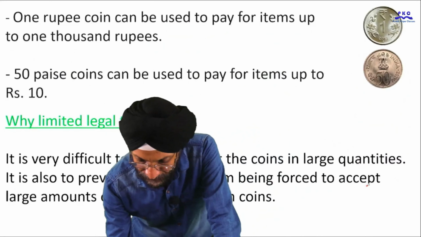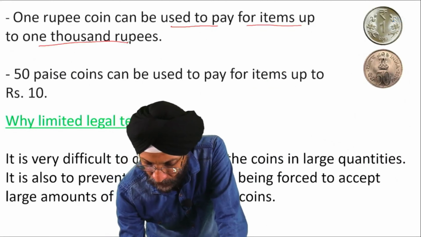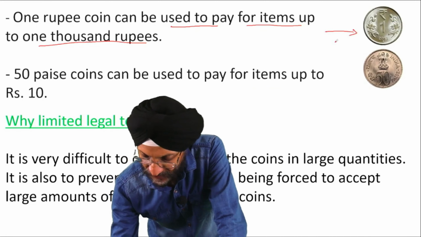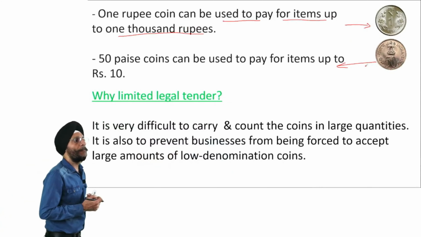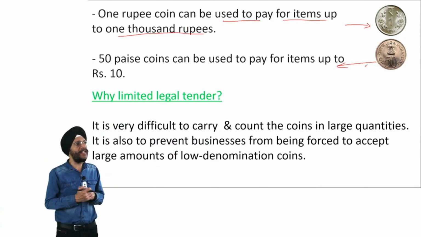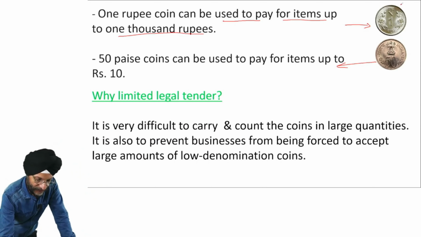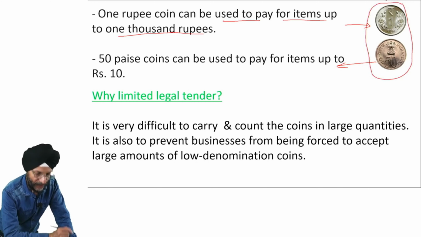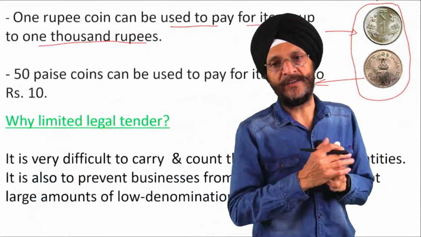A 1 rupee coin can be used in India to pay for items up to 1000 rupees, and 50 paisa coins can be used to pay for items up to rupees 10 in India. These coins are not legal tender in other countries.